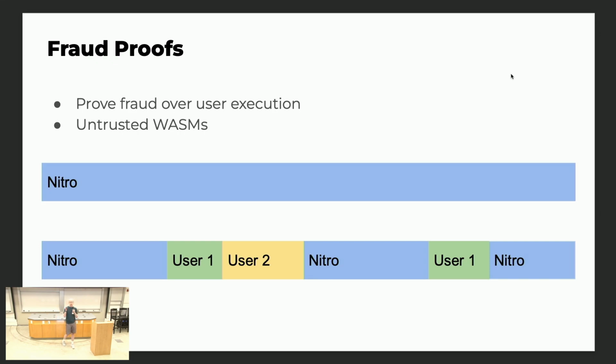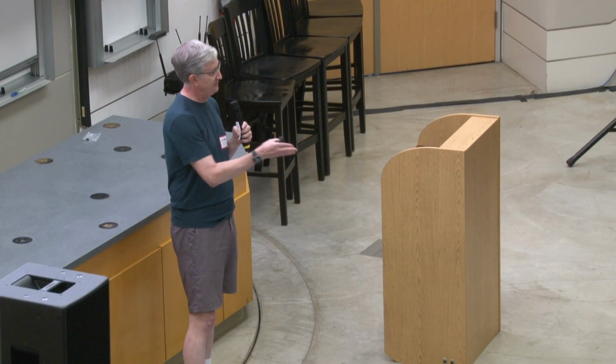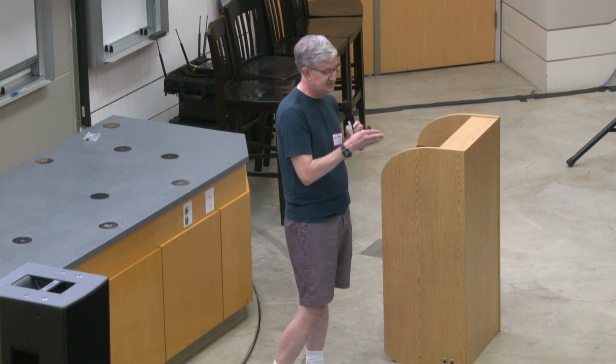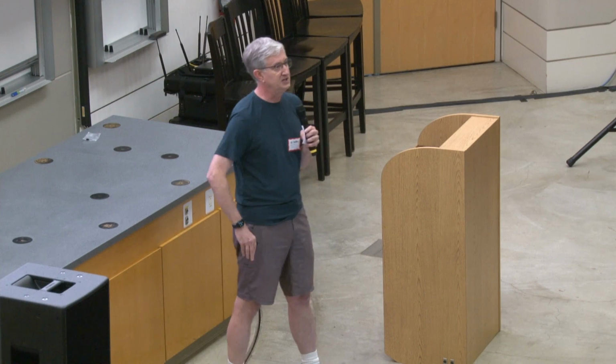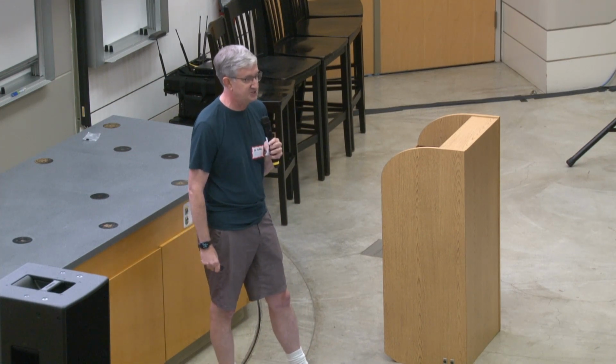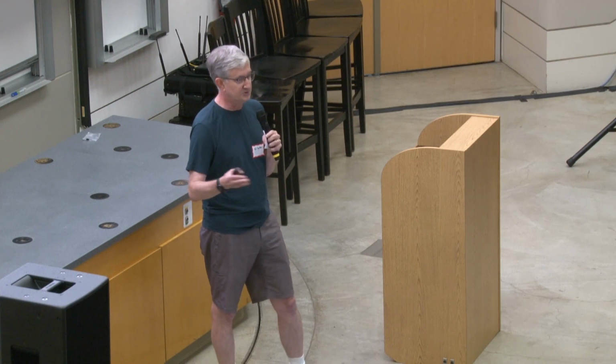But in a world with Stylus programs, Stylus contracts, we have interspersed with the execution of that trusted Nitro code the execution of some of this untrusted but instrumented user code. And so you may have some Nitro execution on the bottom here, and then let's say there's a transaction that calls into code in user contract 1, and that in turn may call code in user contract 2, and then it may return to Nitro, et cetera.